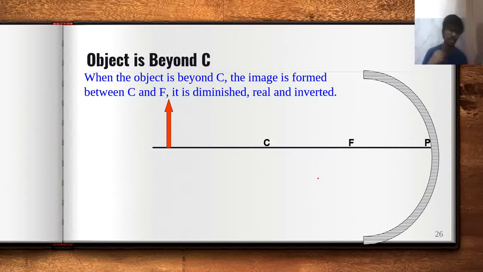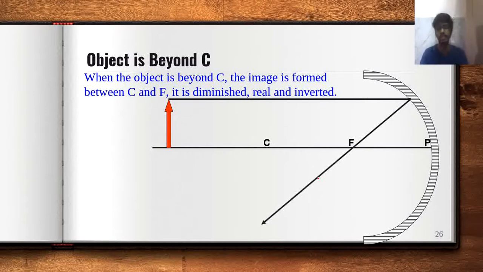For example, here beyond C, as I said, one incident ray will be parallel to the principal axis, and as discussed in lecture 2, when the incident ray is parallel to the principal axis, the reflected ray will pass through the focus. This is one reflected ray.